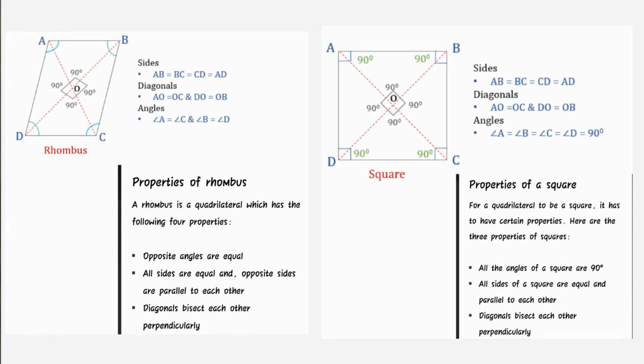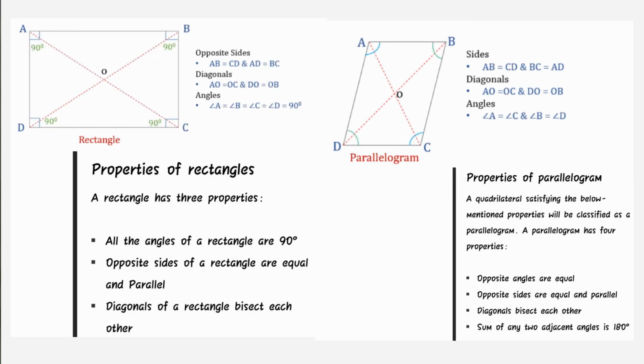But in order to differentiate between square and rhombus, we have diagonals. Only in the case of a square do we have the diagonals equal. So we can also find the diagonals. Once we have found the diagonals, if the diagonals are equal, it's definitely a square, and if they are not equal, then it is definitely a rhombus.